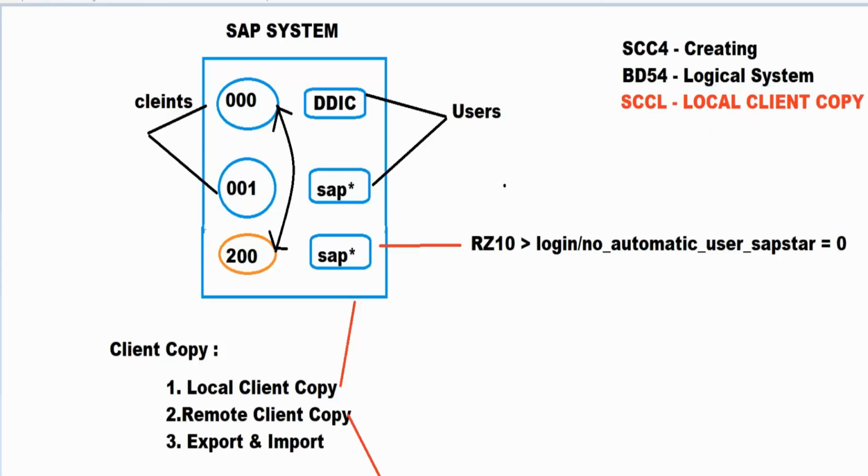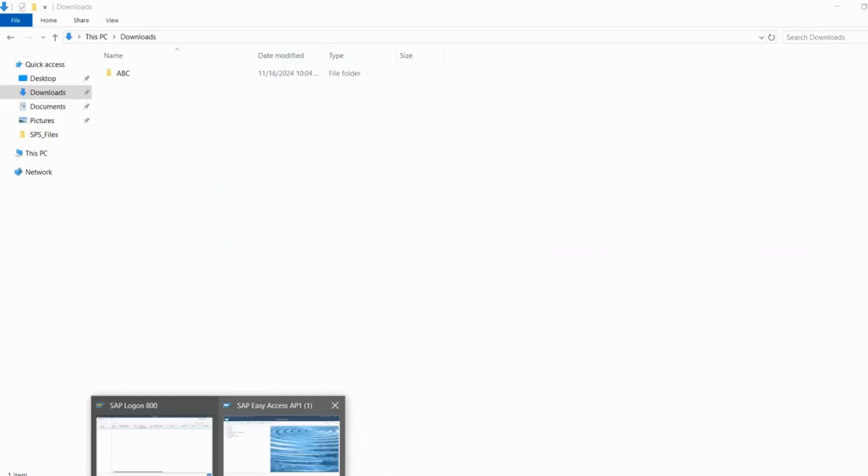Just remember that the T code with L is client administration. All the T codes start with SCC star. L represents local. We just remember it that way.